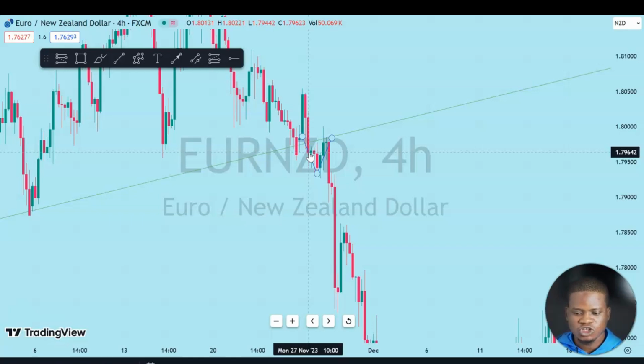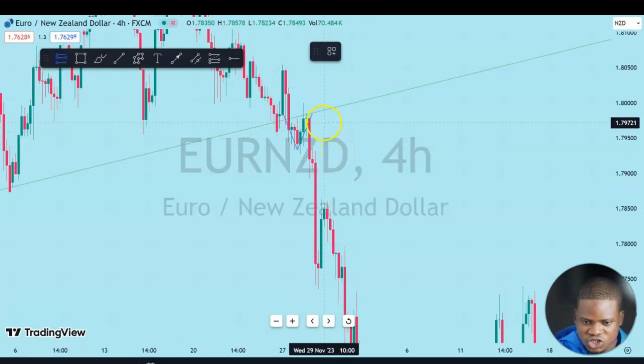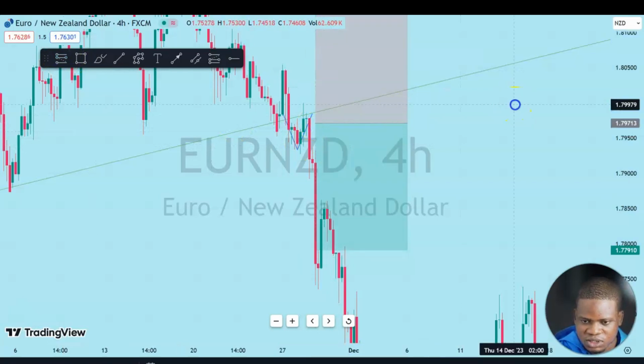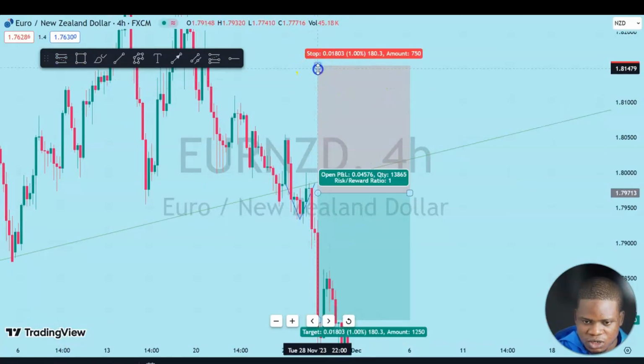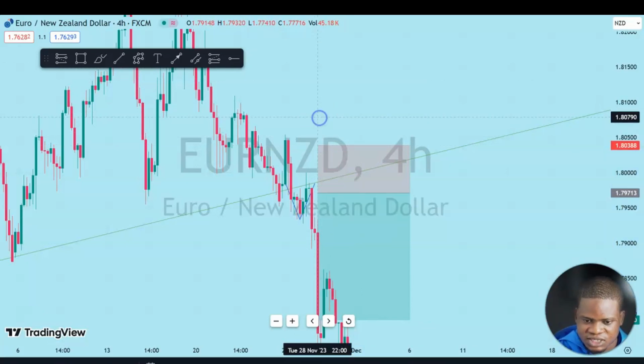So once the market goes back to the trend line and gives me a retest, I take a short trade from the retest area. So at this particular point, I'm just going to be taking a short position from this point. I'll put my stop loss just a little bit above the trend line, just in case it's a fake out.